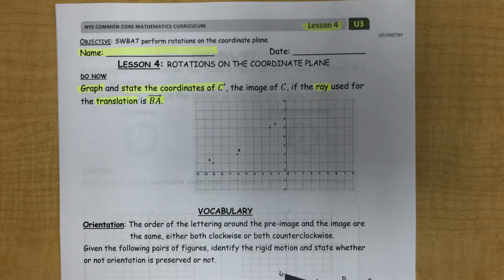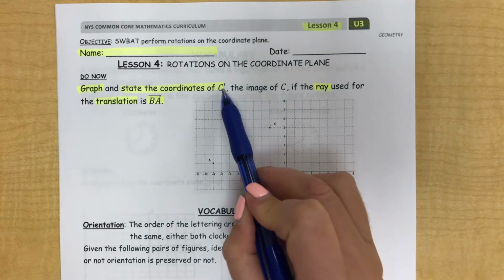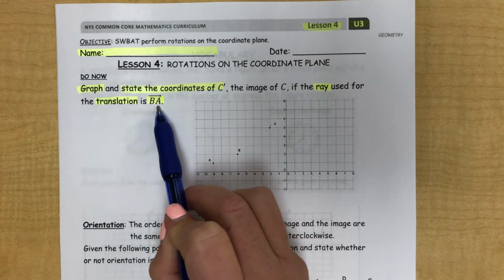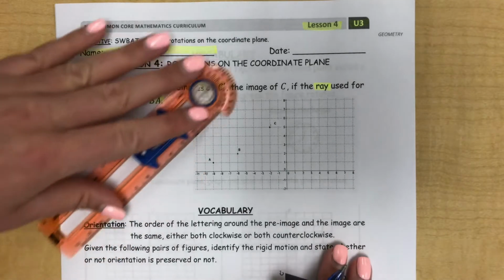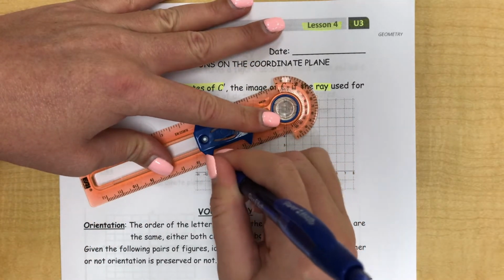If you guys remember from lesson 3, a translation just moves or slides objects around. So in order for me to slide point C so it can become C prime, I first have to identify where ray BA is going to be. So I'm going to draw in a ray from B to A with my ruler here.